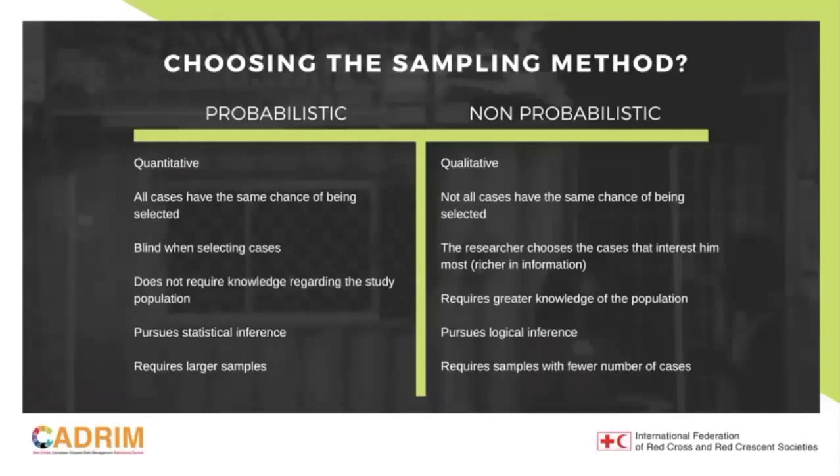That is probably the most common type of survey that we implement in the organization. When we select a probabilistic sampling method, we need to ensure that all the cases have the same chance, or the same probability, of being selected.